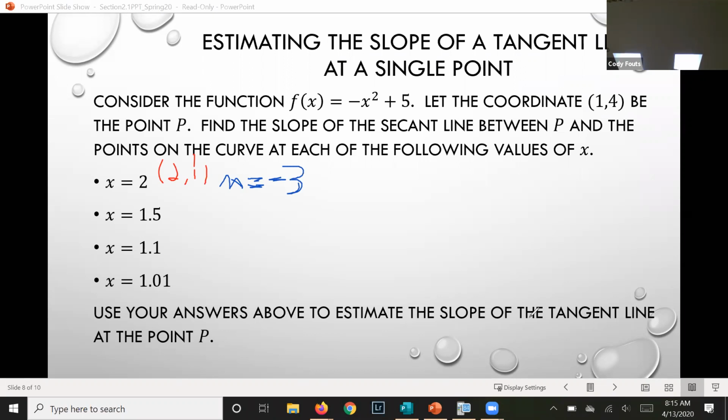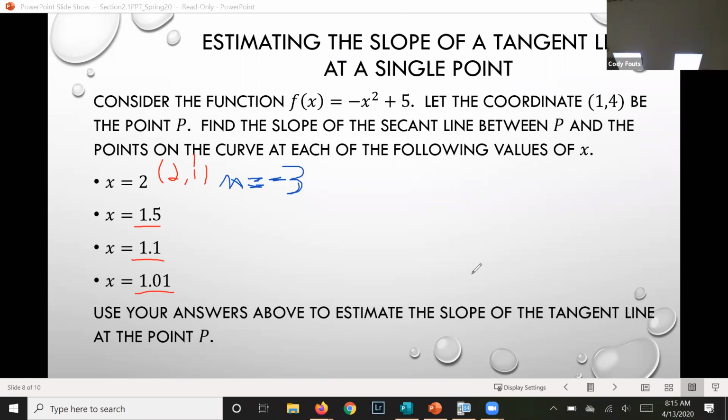When we go through and do this for the rest of these points, so for x equals 1.5, x equals 1.1, x equals 1.01, and notice as we go along, those input values there are getting closer and closer to 1. So our slope of our secant line should be getting closer and closer to the slope of the tangent line.